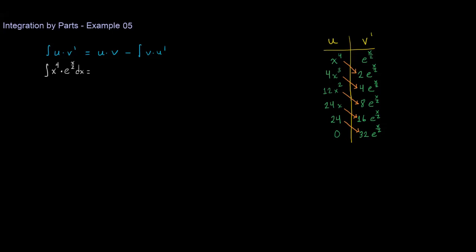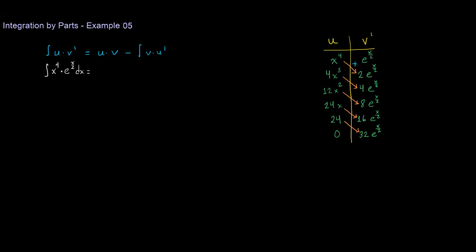Now, as you may see, the negative sign from the integration by parts formula will affect these multiplications. So I'm going to write it this way. The first one is going to be a positive term.